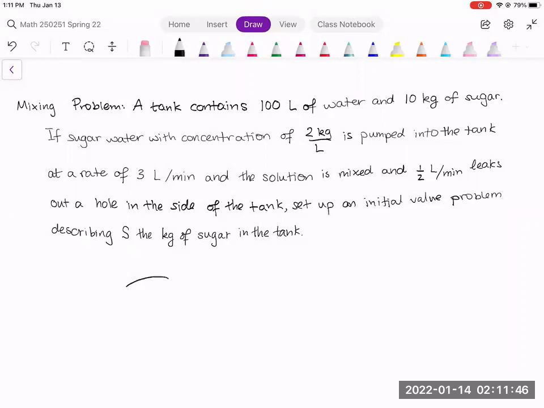A type of problem that we're going to see frequently in this class. We're going to do enough examples where you're going to be like, oh, we do these all the time. They are called mixing problems. Here, we're going to assume that we start out with some amount of liquid in some tank. We're going to be pumping fluid into the tank and mixing it all up.